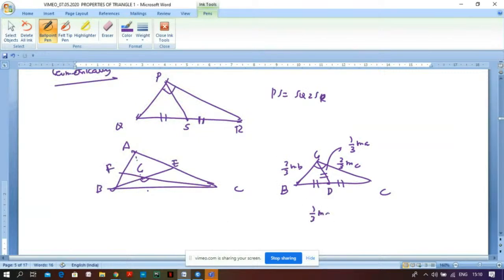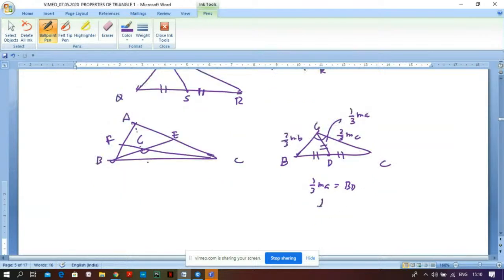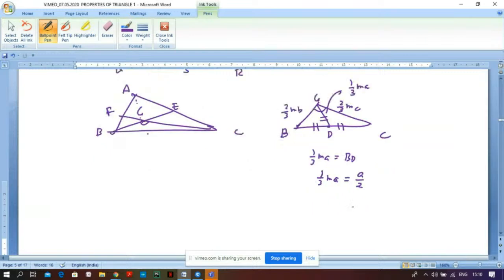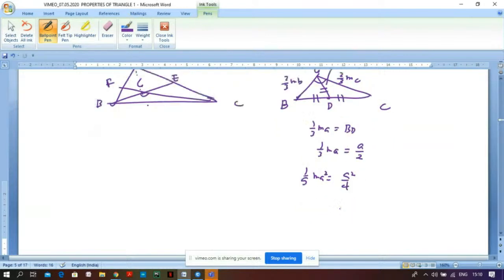1/3 of MA; MB and MC are not needed in this approach. 1/3 of MA equal to BD, so 1/3 of MA equal to BD is A over 2. And so I can square it, and I can write 1 over 9 MA squared is A squared over 4. MA squared is 1 over 4 times 2 times B squared plus C squared minus A squared, which is A squared over 4.